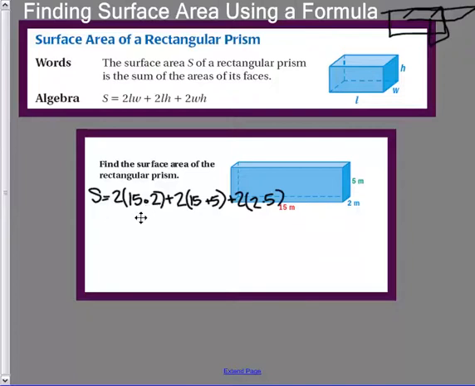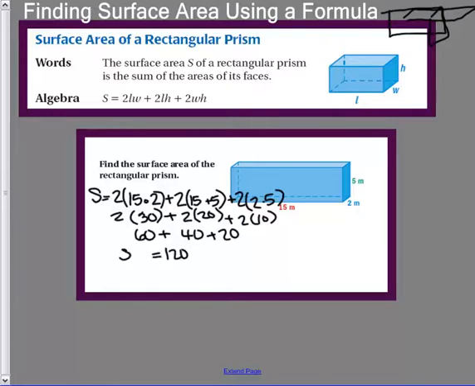So 15 times 2 is 30. Double that, we get 60. 15 times 5 is 20. Double that, we get 40. And 2 times 5 is 10, but if we double that, we get 20. So if we add them together, we get 120, and that is our surface area of our rectangular prism.